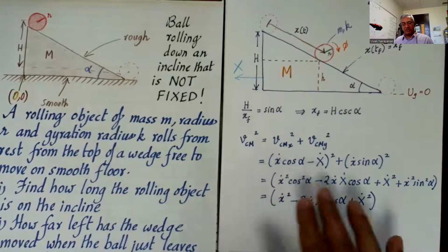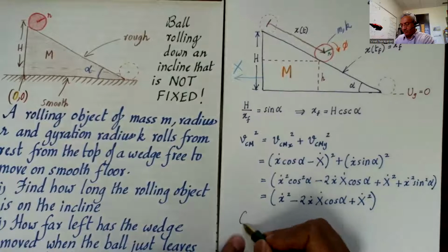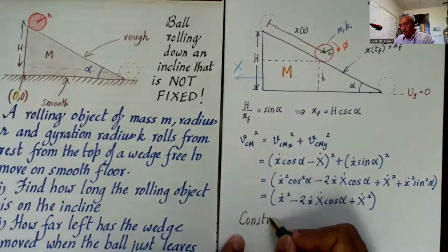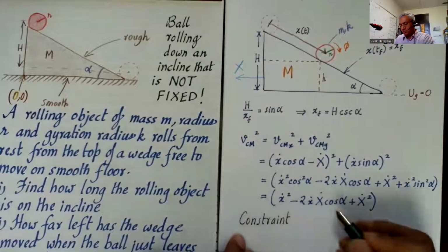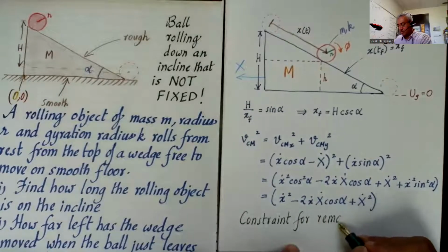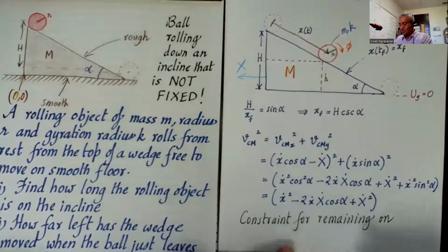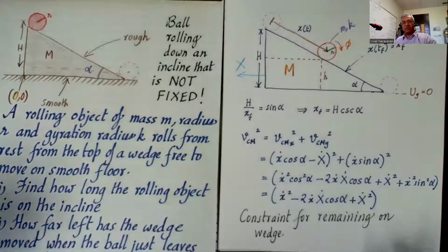So the first equation we have, this equation is actually a constraint. It's a constraint for remaining on the wedge. If the velocities do not satisfy these constraints, the ball will start flying from the wedge.